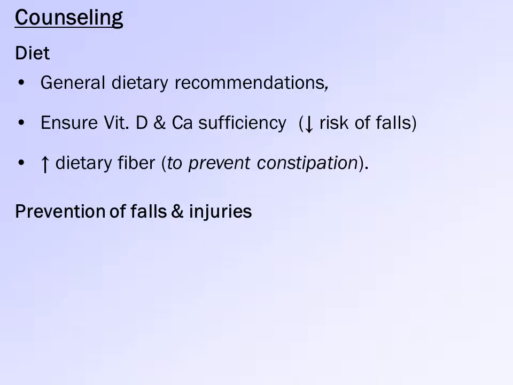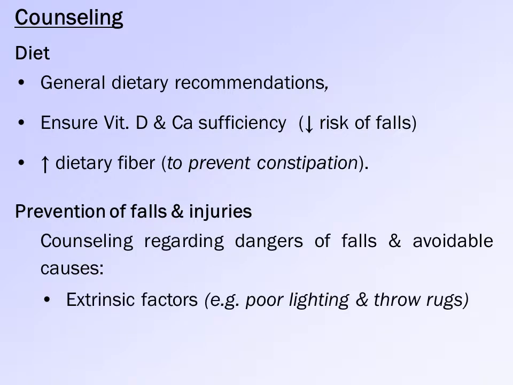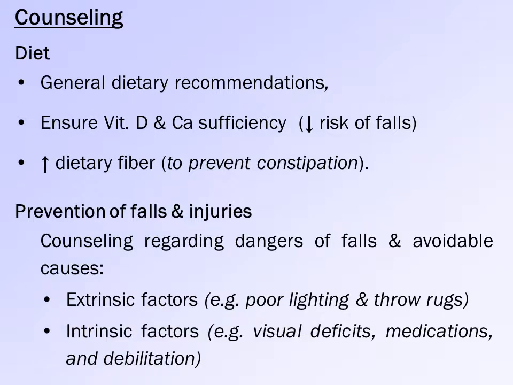Prevention of falls and injuries by counseling regarding the dangers of falls and avoidable causes, which can be classified into extrinsic factors such as poor lighting and throw rugs, and intrinsic factors such as visual deficiencies, medications, and debilitation.